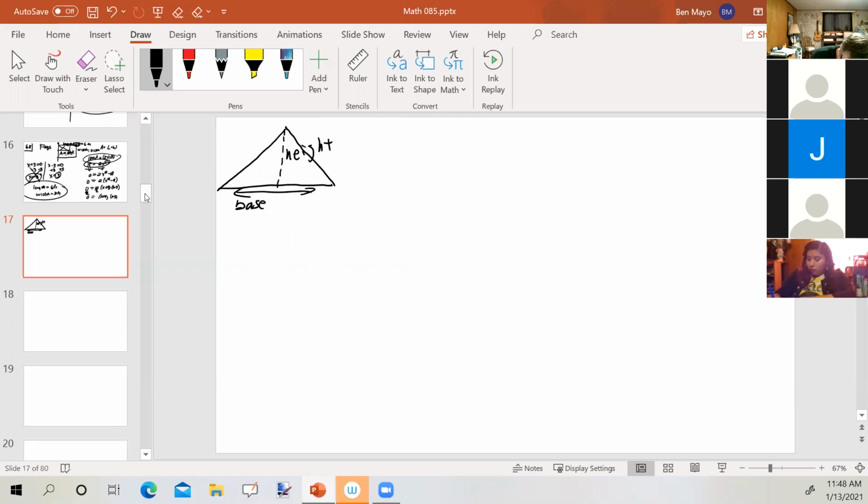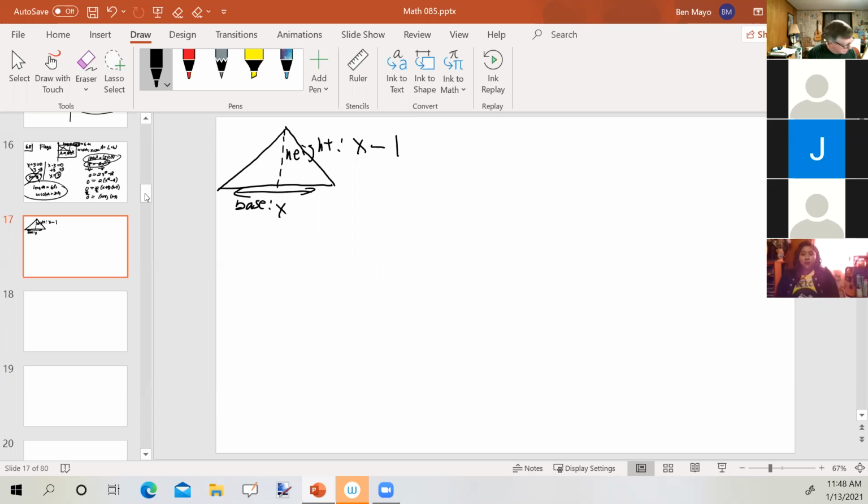So if the base is x, the height would be x minus 1 centimeter. The height is being compared to the base, so the base is sort of the center of the universe for the problem. We're going to call the base x. The height is 1 centimeter less than x.